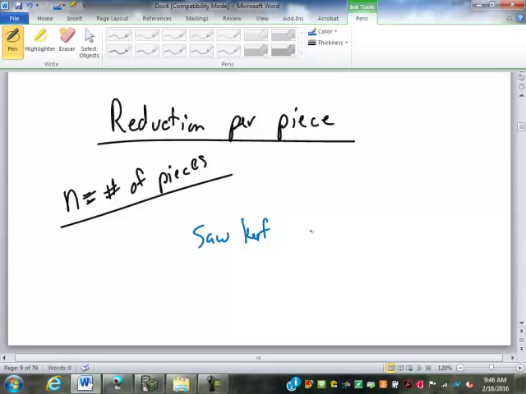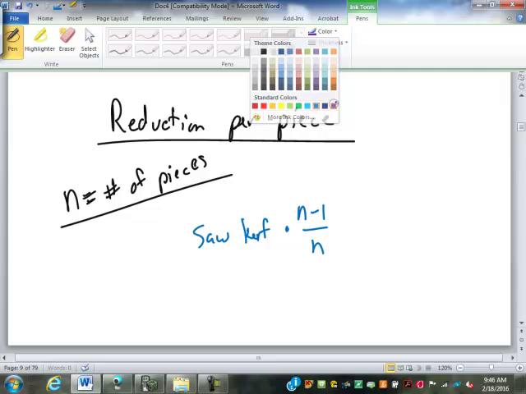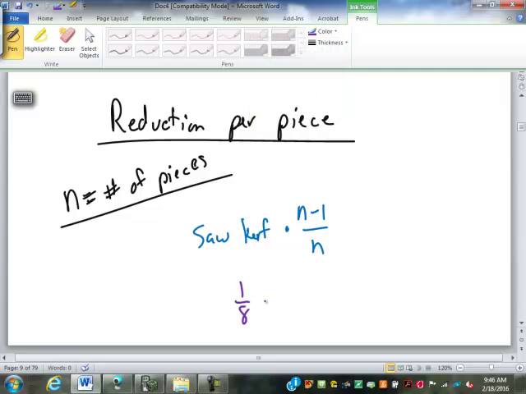Wood's the only one I can think of right now. So in this case, the saw kerf was 1/8 of an inch. We were going to cut it into 8 pieces, so it was 8 on bottom and 8 minus 1 on top. So that's 1/8 times 7/8, which is 7/64.